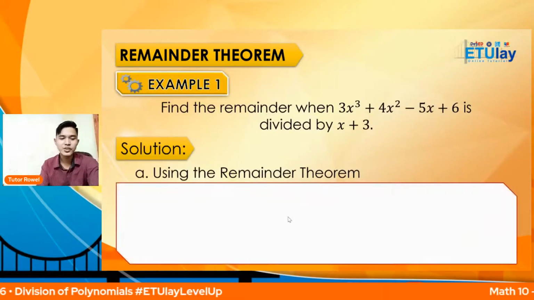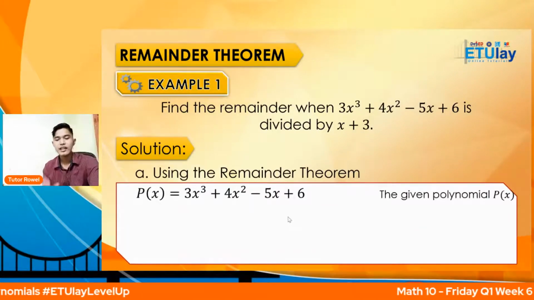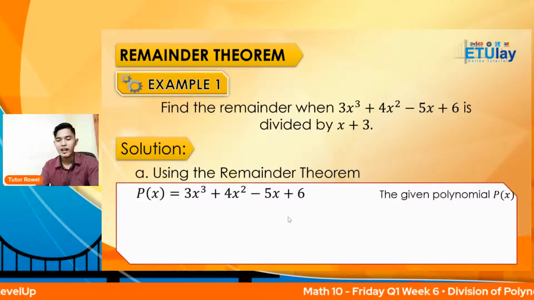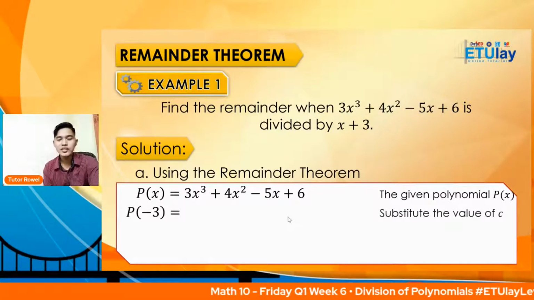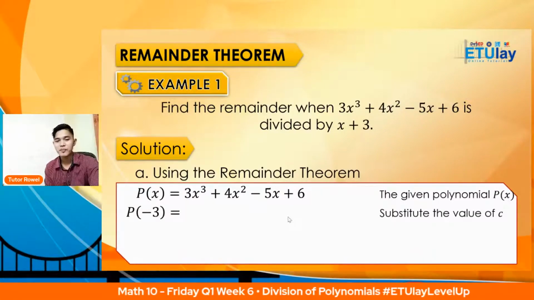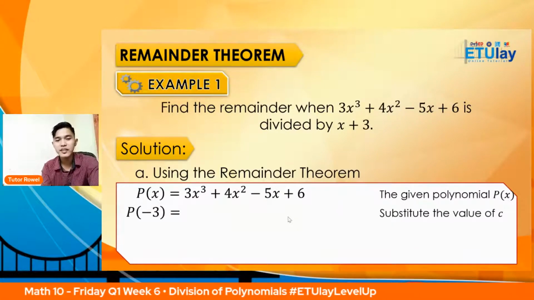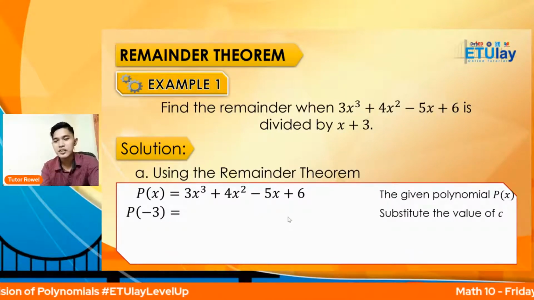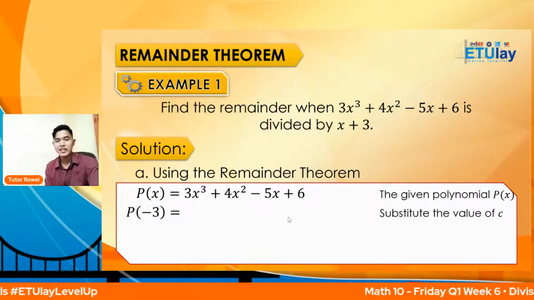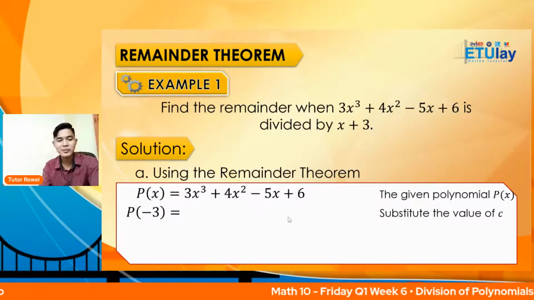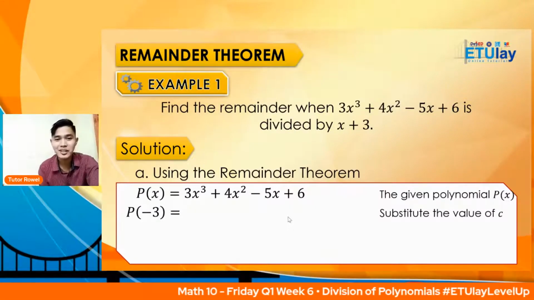Okay, ito tayo, using remainder theorem. Yan yung given. Ang sunod, we will substitute the value of C. From x plus 3, ang C dyan or R will be negative 3. From positive 3, yung opposite, magiging negative 3. Isa-substitute siya sa value of C. Marunong ba mag-substitute?